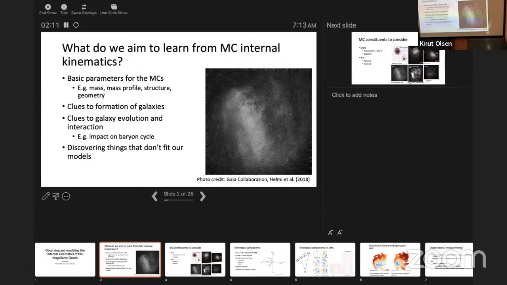But from modeling and observing the internal kinematics, we're hoping to get basic parameters for the Magellanic Clouds, like the mass profile, the structure, the geometry of the galaxy, because those things are basic ingredients to using the Magellanic Clouds as clues to the formation of galaxies.